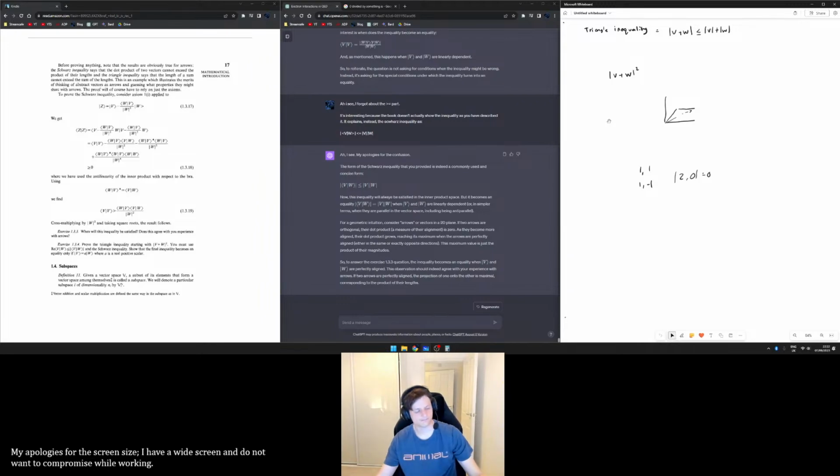I might need to reflect on this a bit, because I'm not sure what I'm saying here. I'm saying that the left side would be 0, and then if you did the magnitudes, you would get 2 and then 2.